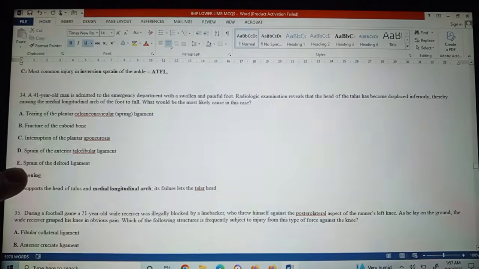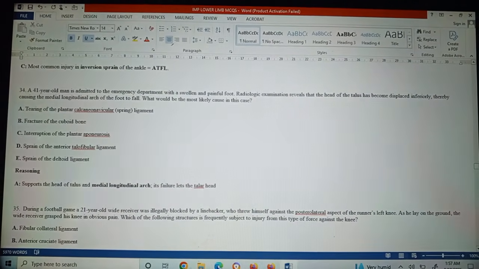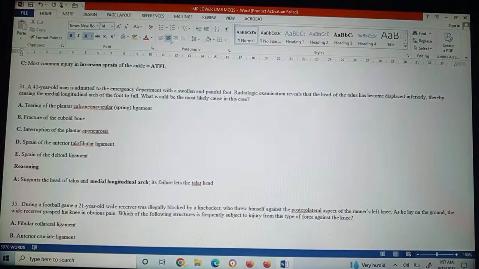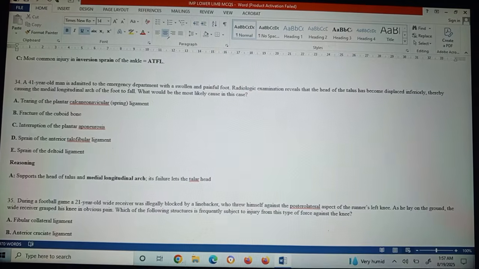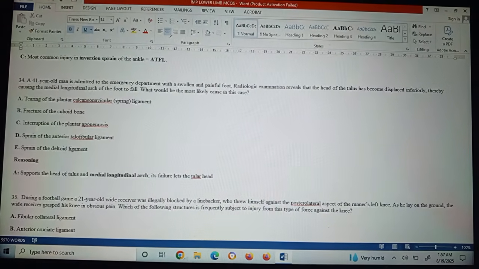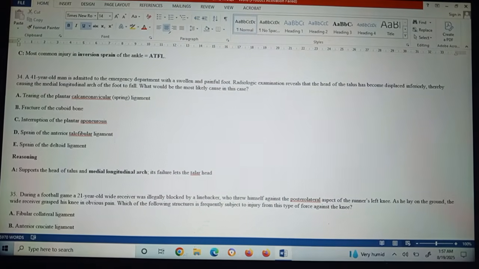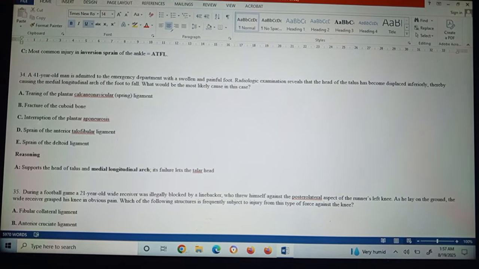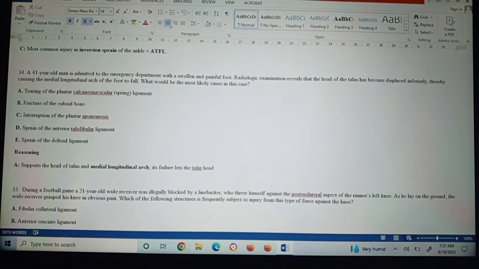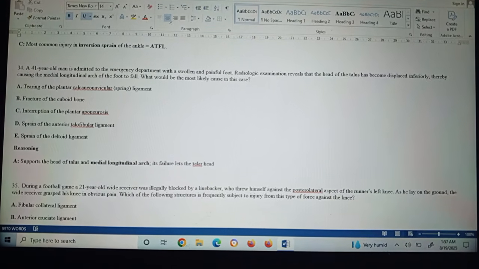Question number 34. A 41-year-old man is admitted to the emergency department with a swollen and painful foot. Radiologic examination reveals that the head of the talus has become displaced inferiorly, thereby causing the medial longitudinal arch of the foot to fall. What would be the most likely cause in this case?